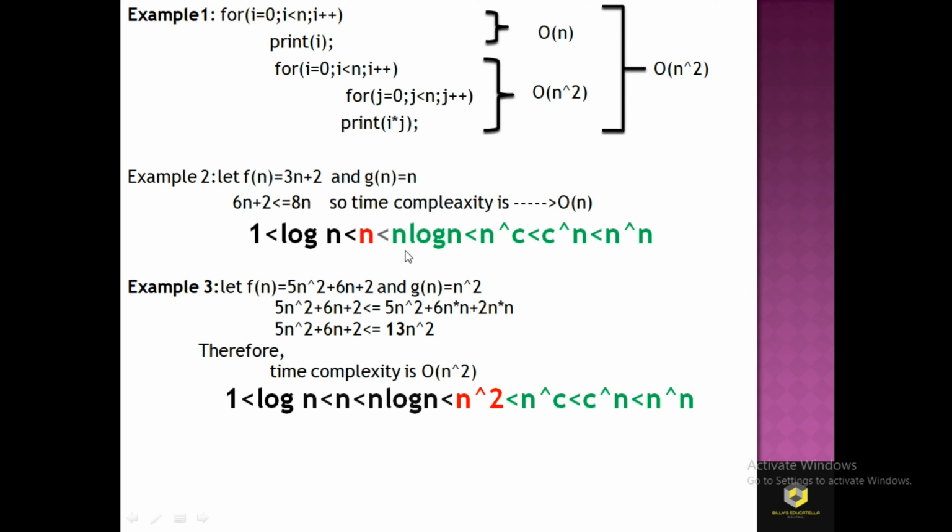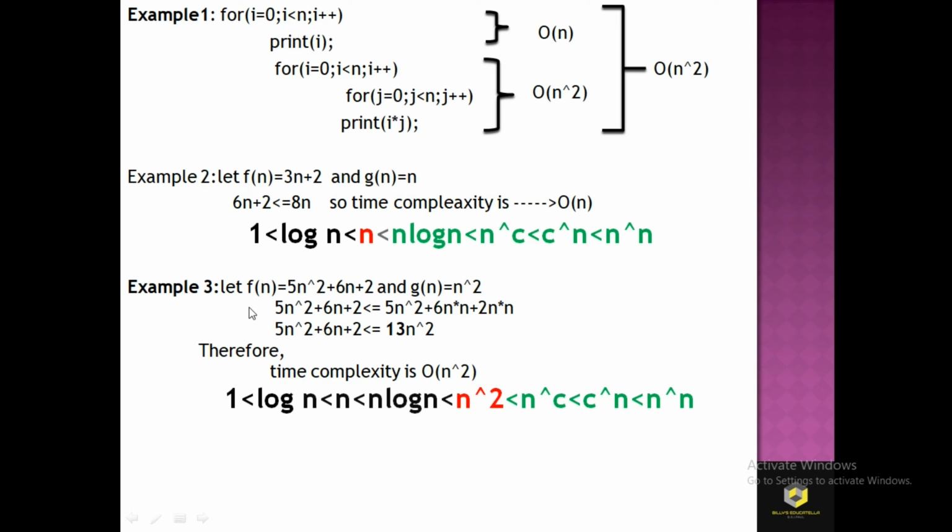So here the time complexity is n, and we can consider not only n but also n log n, n to the power of c, and c to the power of n, up to n to the power of n. But to satisfy the condition of equality, first we have to consider the value of n, and then we can go on up to n to the power of n.